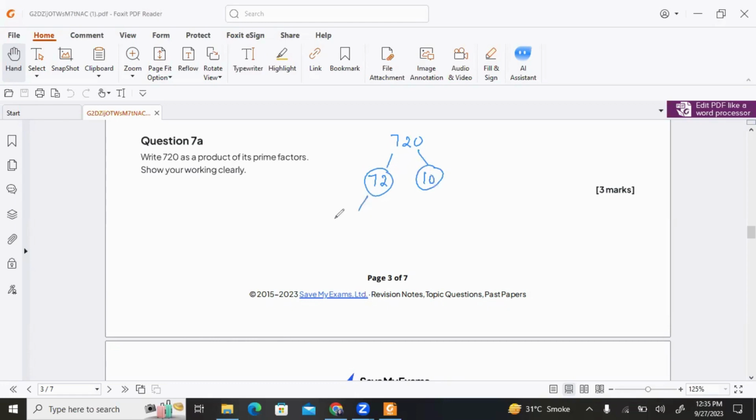Now 72 is 8 times 9. 10 is 5 times 2. 5 is a prime number, so you don't need to break it down further. For 8, we know it's 4 times 2. For 9, it's 3 times 3. And 4 becomes 2 times 2.